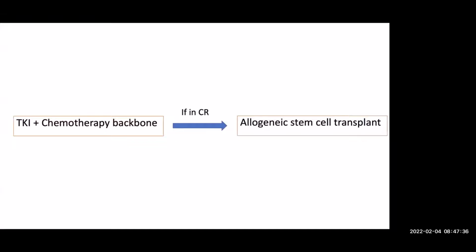So, if we look at the overall treatment outline of the patients from the studies which I have presented, all the patients should get a tyrosine kinase inhibitor with chemotherapy backbone. If they are in CR, they should undergo allogeneic stem cell transplant, provided the patient is fit and a donor is available.